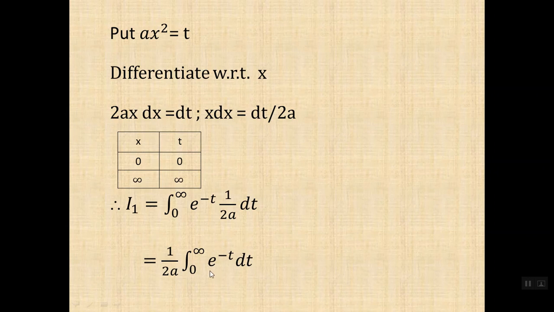1 by 2a integral from 0 to infinity e raised to minus t dt. Now integrate e raised to minus t with respect to t. So that will be 1 by 2a into minus e raised to minus t, lower limit 0, upper limit infinity. I will take this minus sign outside and put the limits: upper limit e raised to minus infinity minus e raised to 0.